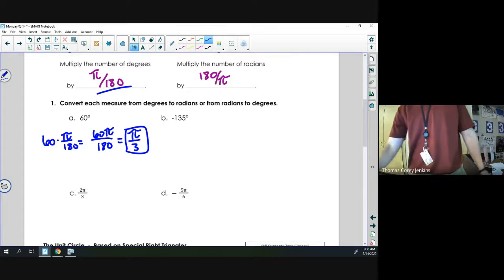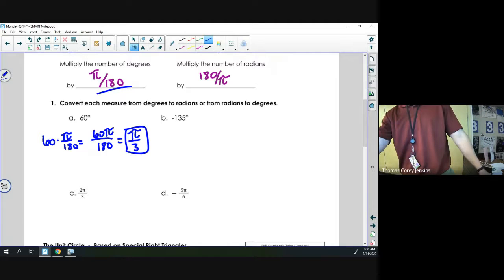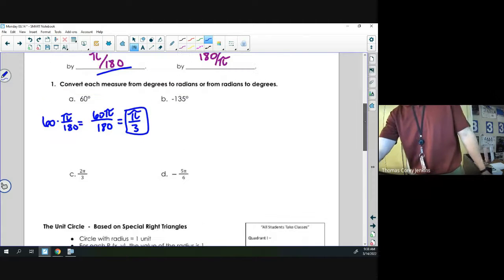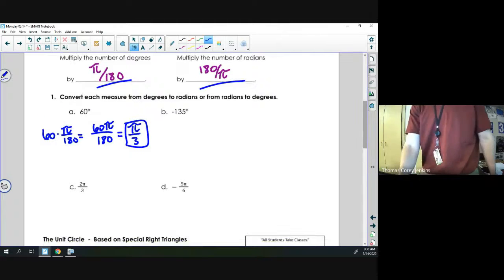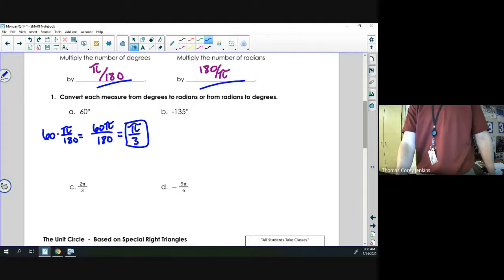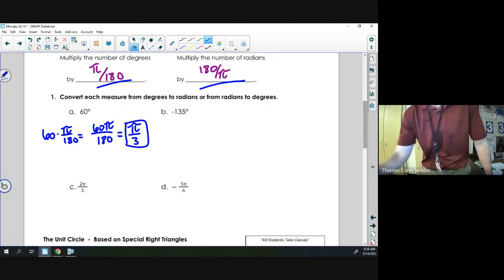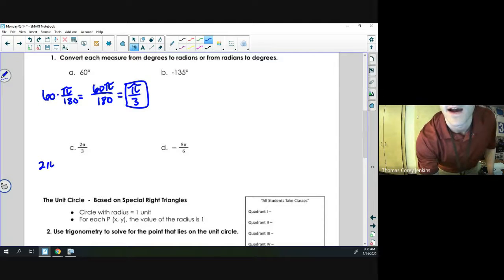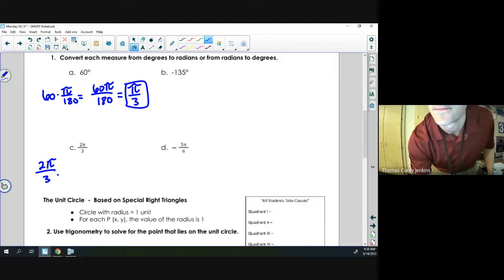I'm going to leave B and D for you guys, so let's try C. Now going back the other way, we need to use the other conversion factor. So we're going to multiply our measure in radians by 180 over pi to get it to degrees. This 2 pi over 3 times 180 over pi.